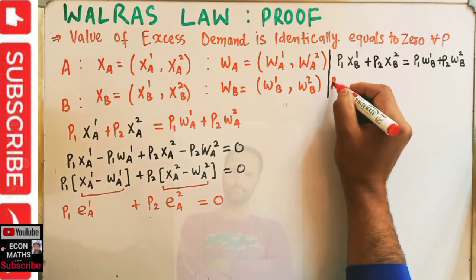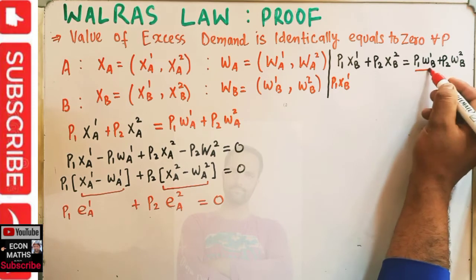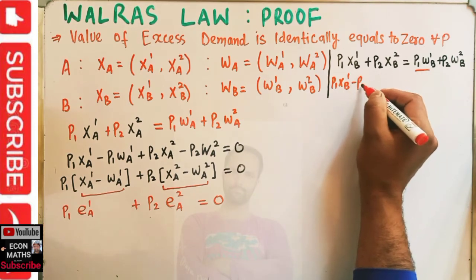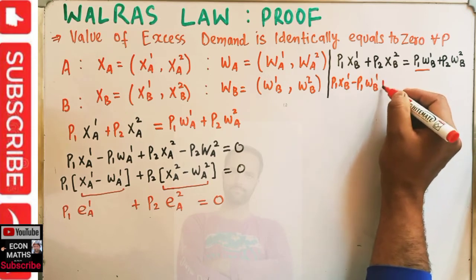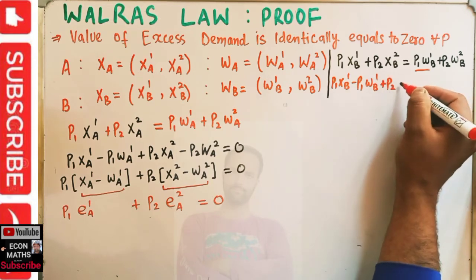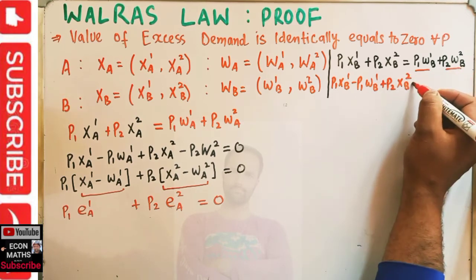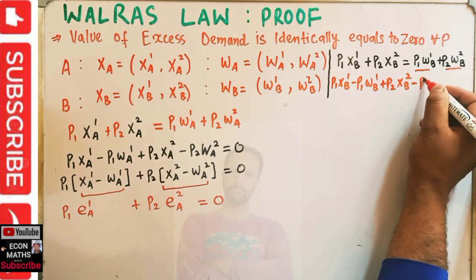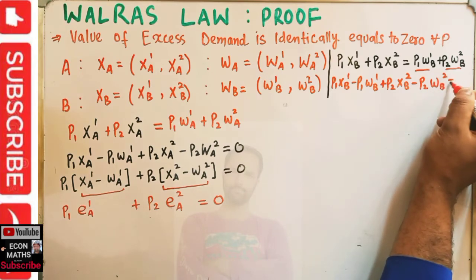So we have P1 XB1, transposing this term first, minus we have P1 WB1 plus P2 XB2. Now transposing this term, it will become minus. So we have P2 WB2 should be equal to 0.